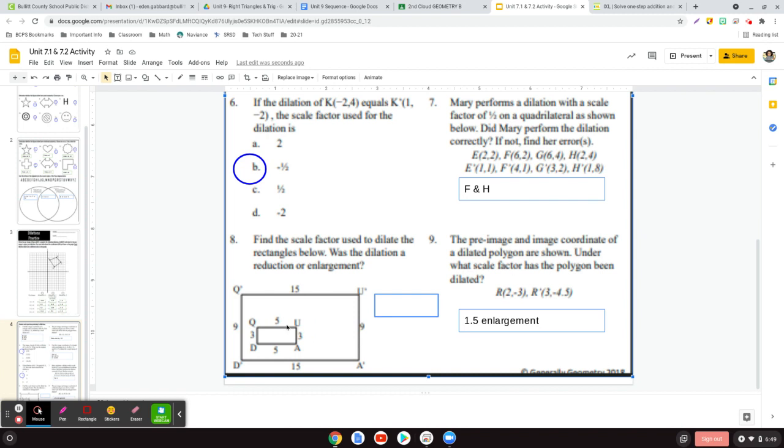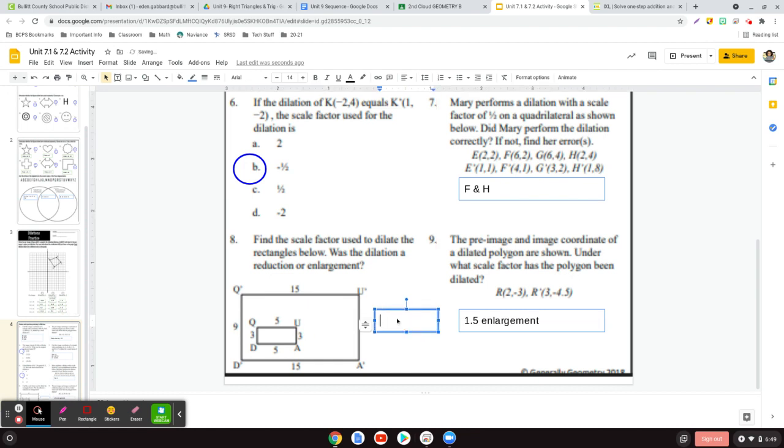So what we do is, according to our note, we put our image side length over our original side length. So our image side length is 15, and we put that over our original side length, which is 5.